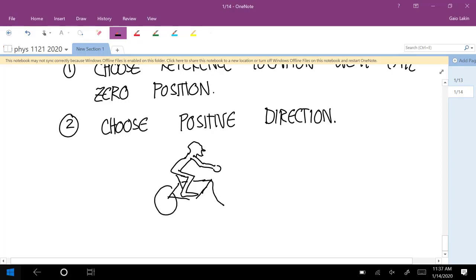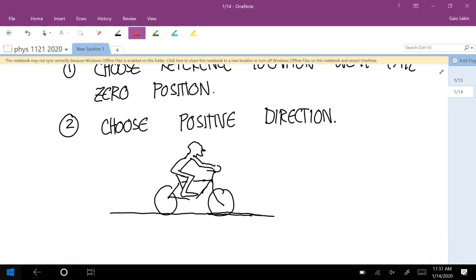Okay, getting there. So this bicycle is moving along this line. And the center of mass is, say, here. The center of mass actually doesn't have to fall on the physical body. That's sort of an odd factoid.